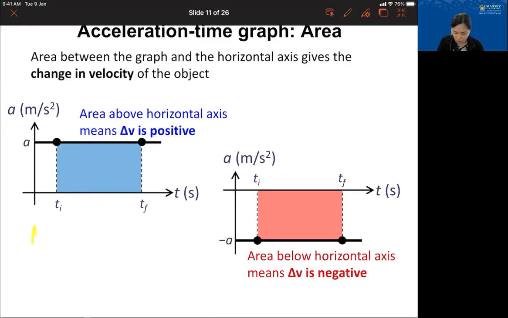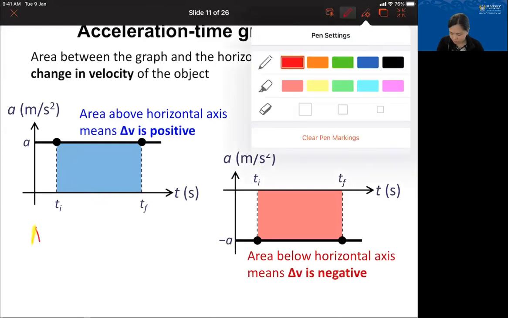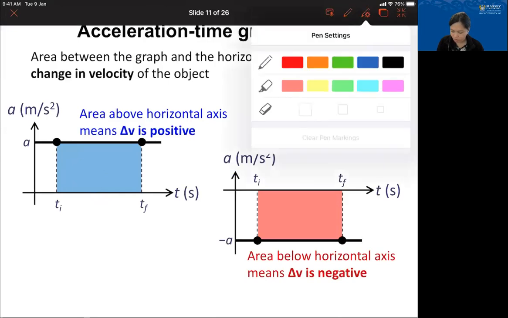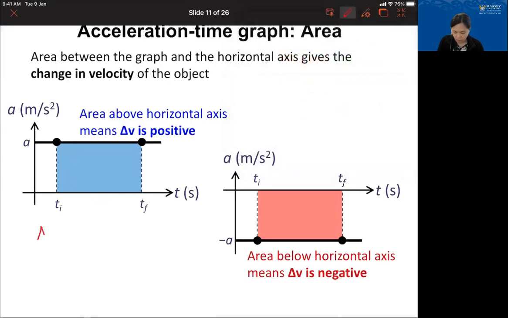So you can just use the area of a rectangle, the equation for the area of a rectangle will be equal to length times the width. So that will be this area here.